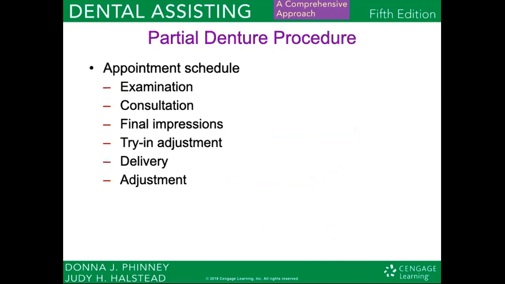So after the bite impressions have been taken, the piece is sent to a dental laboratory with a prescription form. The lab constructs it as specified and then sends it back to the office for a try-in adjustments phase.